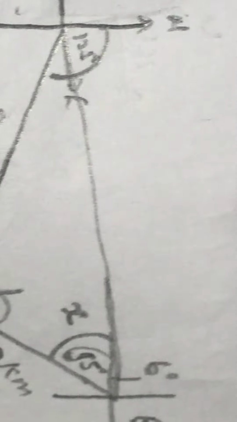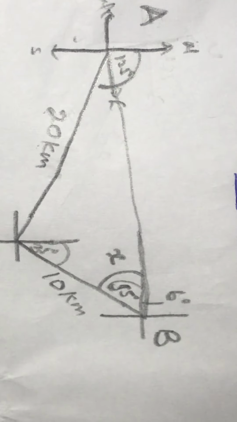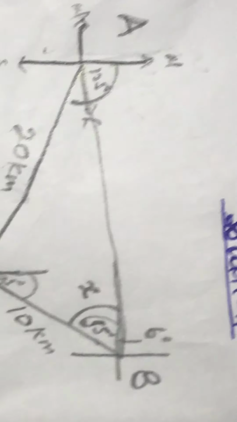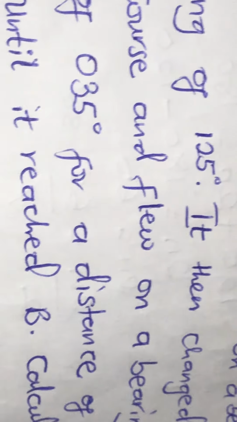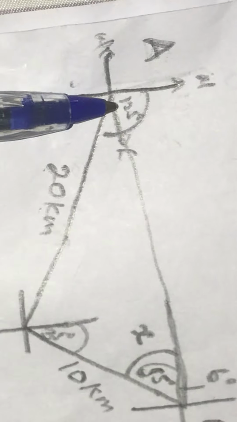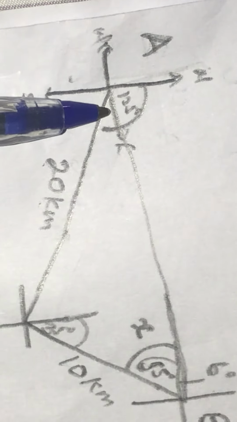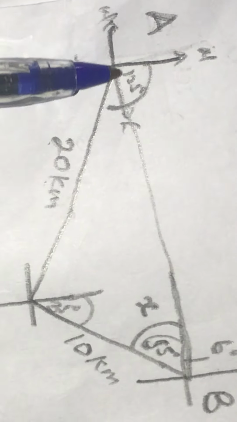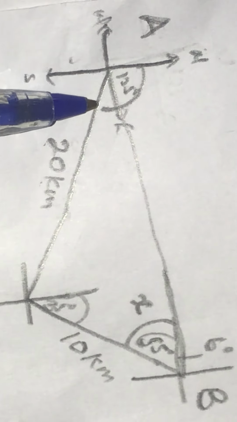So anytime they give you a question on bearing, please try and draft it. So from our question, we've been able to draft the first part of the question and locate our 125, which falls in the second quadrant. So we picked 35 from here and added it up to our 90 degrees to give us our 125.